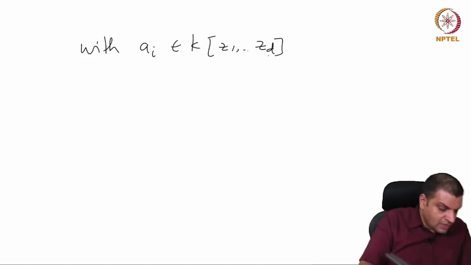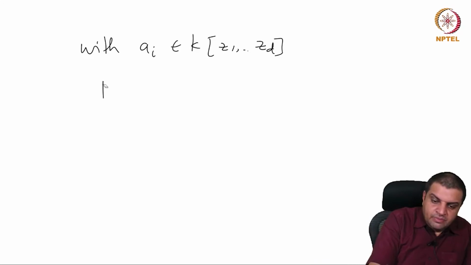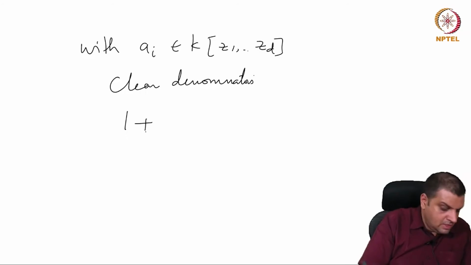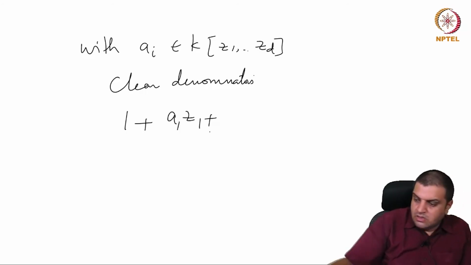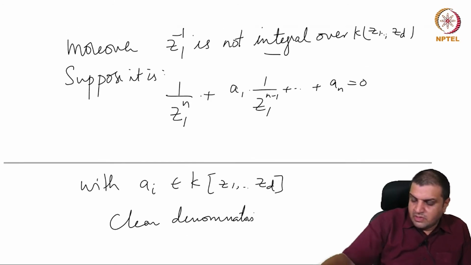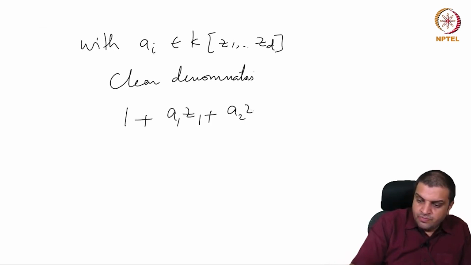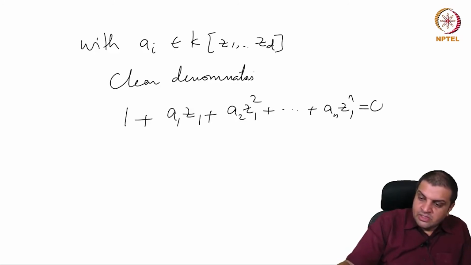Clear denominators, and we would get 1 plus a1 z1 plus a2 z1 squared up to an z1 to the n equals 0.